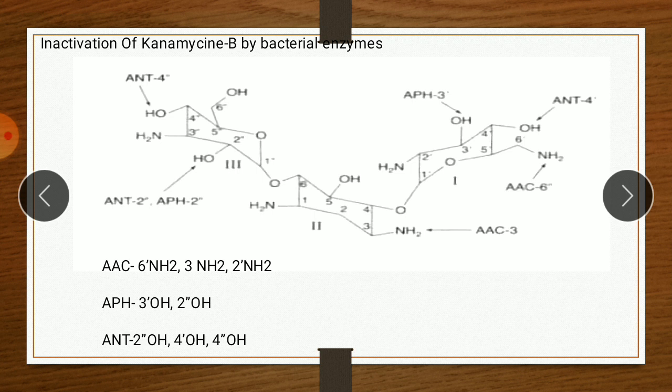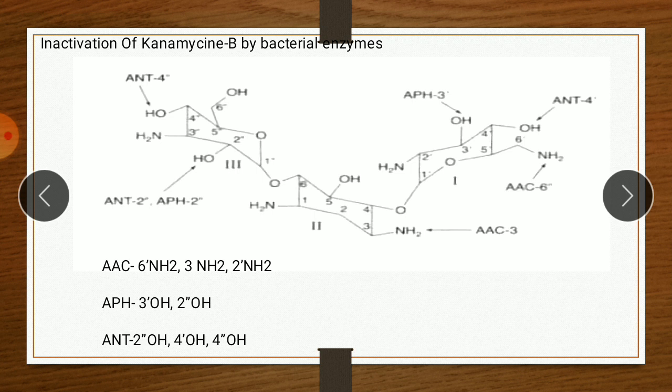So here a simple technique is used to protect the drug from these enzymes. First technique is, whatever the target of that enzyme, we replace this target with another group. For example, the target of AAC is the amino group. If we replace the amino group with any other group, then this enzyme does not attack that drug. That is the first approach.